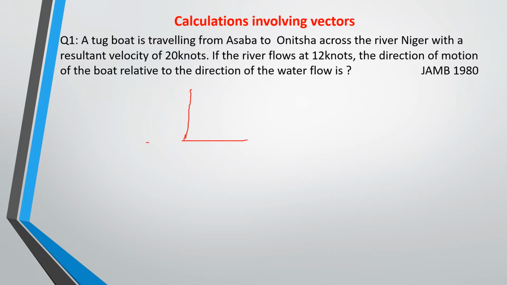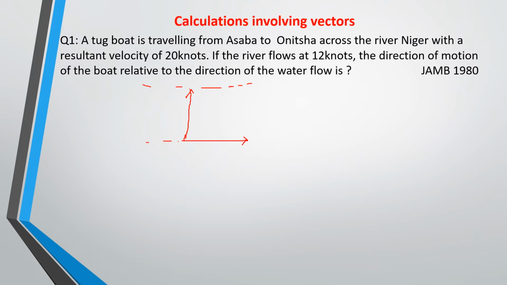Assuming this is Asaba and this is your Onitsha, and this is the direction of flow.